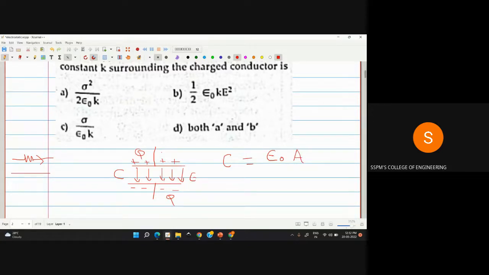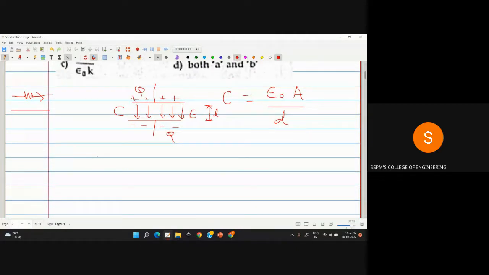The plate is nothing but a plane plate, and that has the area A, divided by distance D, where D is the separation between the two plates. So in this way you can find the capacitance. And the total charge present on the capacitor is equal to C into V, where V is the voltage across the capacitor.